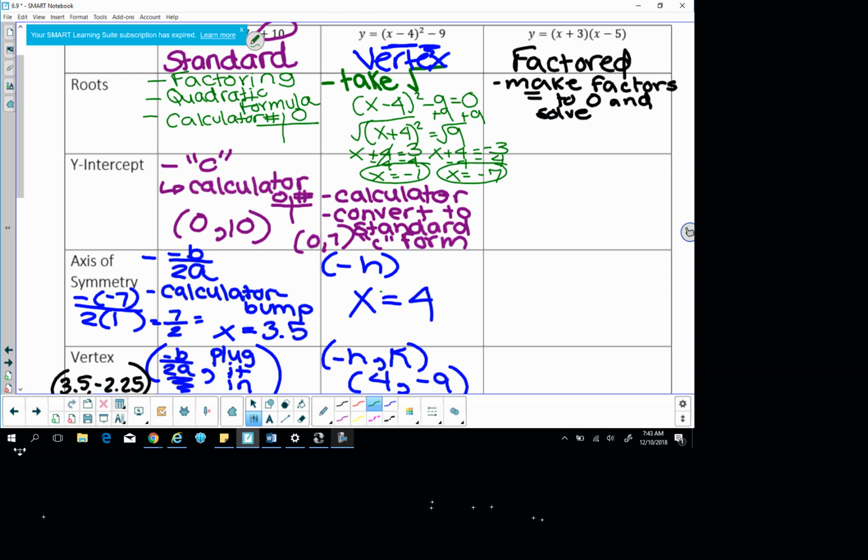So I would take my roots and I just make them equal to 0. And what would I end up getting when I make them equal to 0? I would subtract 3, and you get x equals negative 3. So that's my first x-intercept. And I would add 5, and I get x equals 5.